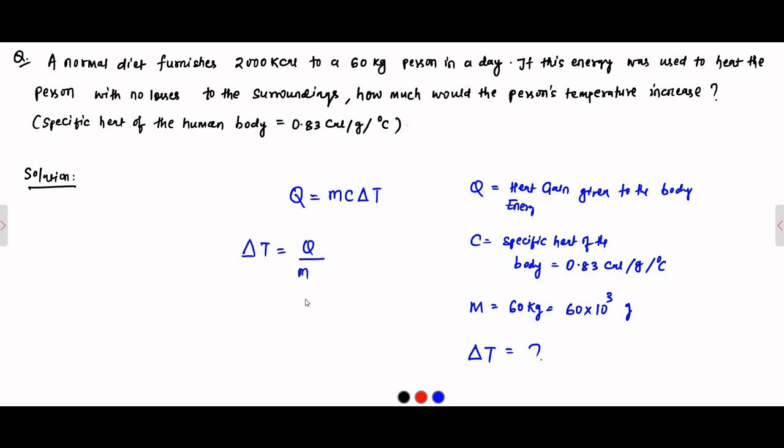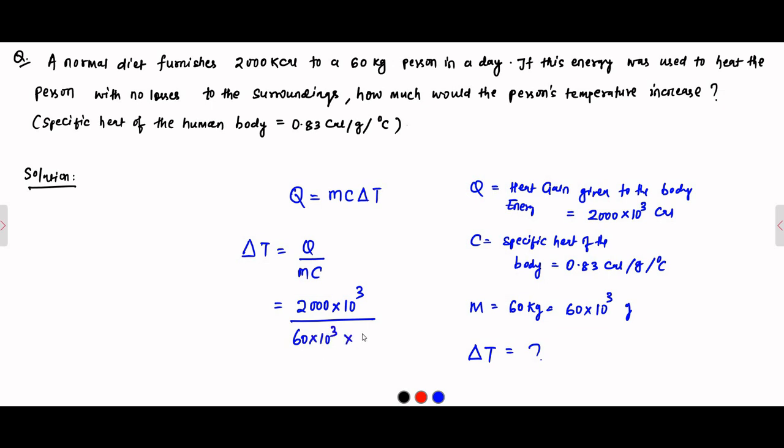this Q is given as 2000 kilocalorie, which is 2000 into 10 to the power 3 calorie. Okay, so it is equal to 2000 into 10 to the power 3 over mass, which is 60 into 10 to the power 3, into specific heat, which is 0.83.